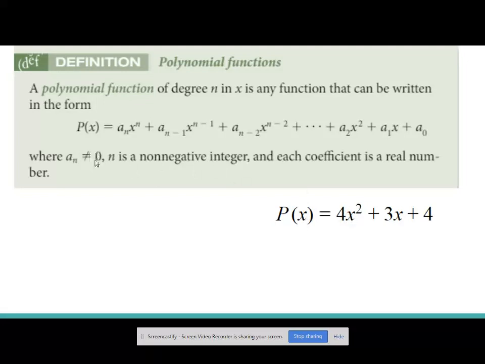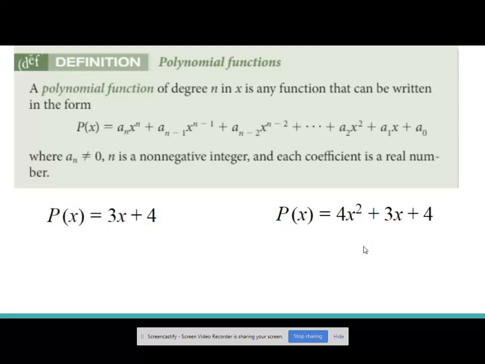If the number before x was 0, then it just wouldn't really be there. And so we have our polynomial, or a polynomial function here. It talks in this definition about the degree. The degree n is whatever the biggest exponent is, and then going on down. So this would be a degree 2. This is a polynomial of degree 2.